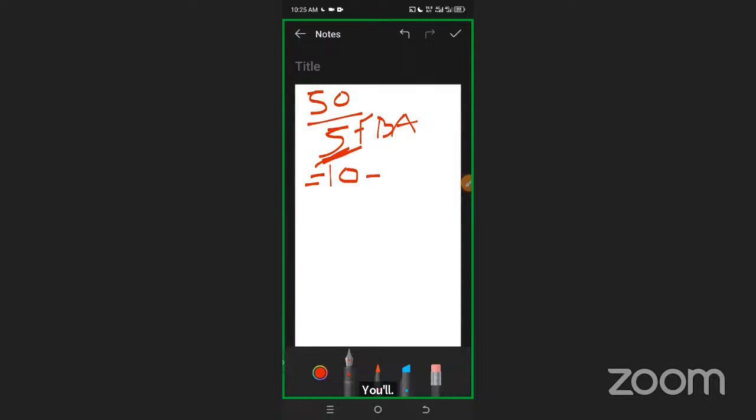Now, 10 minus 1. Why are we removing this 1? The 1 is the first buy-in, the first time the robot will buy. So here we remain with 9.